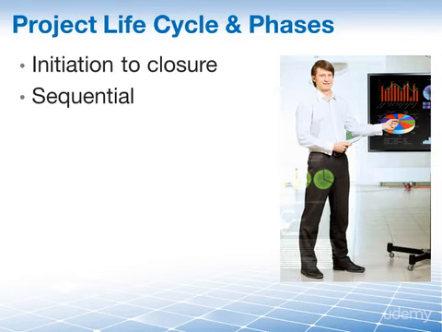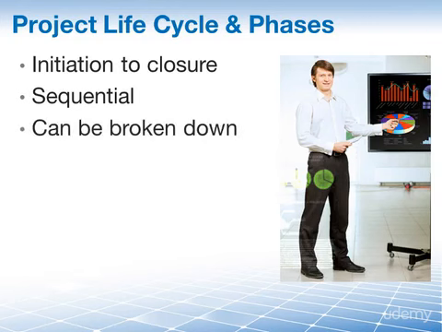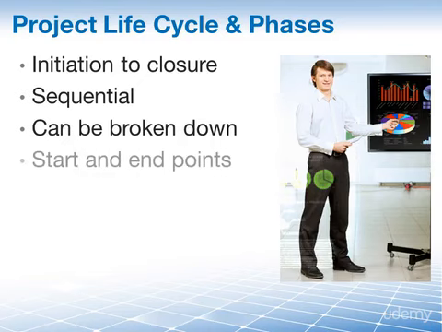Each phase can then be broken down into functional or partial objectives. These can be deliverables, milestones, or even based on finances. While these phases, in which we have just broken it down, will have a specific start and end point, the deliverables will vary from project to project.